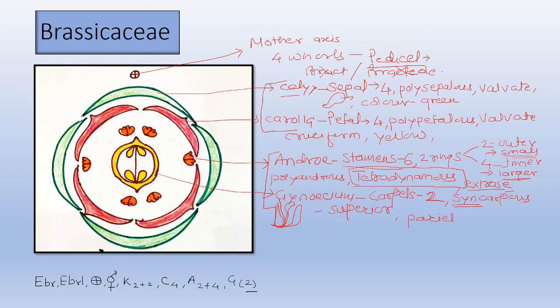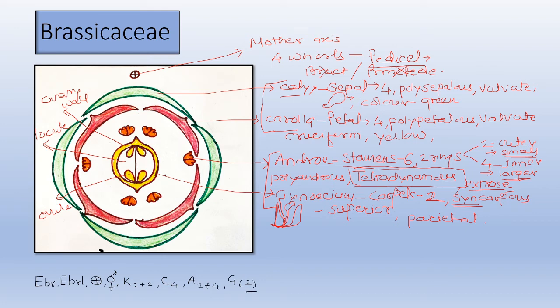Parietal means the ovules are, this is the placentation. The placentation is seen in the transverse section of the ovary. This transverse section shows the ovary wall, then this is the locule, and these are the yellow colored ovules. Locules, ovules and ovary wall are the important parts of the transverse section of the ovary.